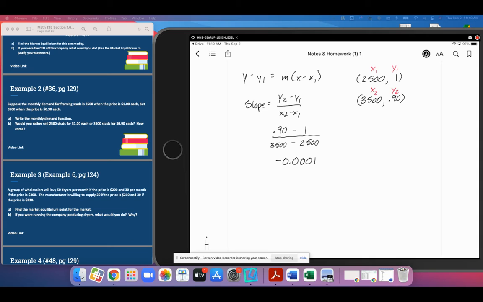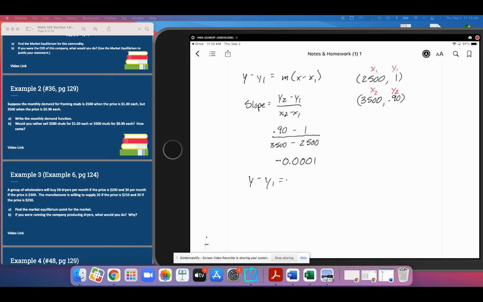And so that slope is actually going to mean the price would be going down as the number demanded goes up. So with that, that is our slope.